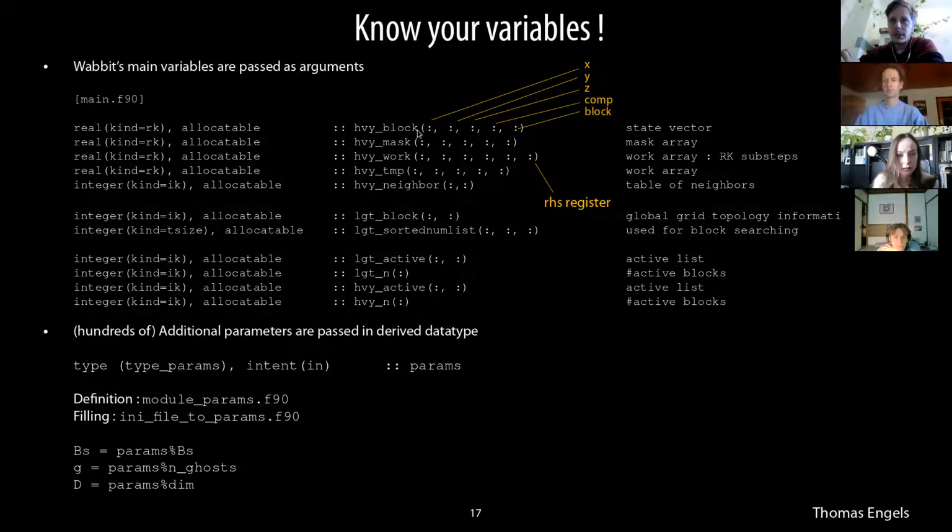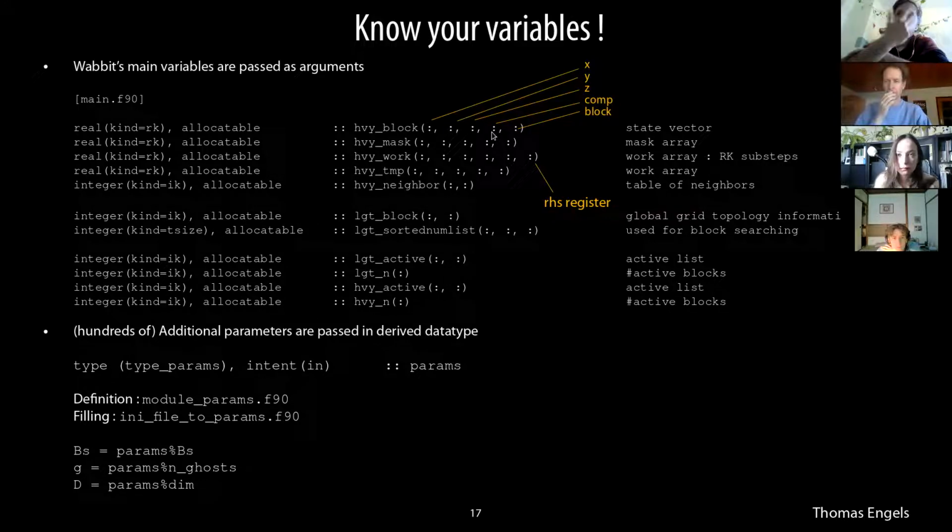So the first one is this heavy block. You can tell by the prefix heavy that it's parallelized. So this is a heavy data structure. This is the state vector, and you have a total of 5 indices. The first ones are simply the spatial coordinates, x, y, z. Then you have the components, the vector components of the state vector, which, for example, in the case of the artificial compressibility, would be ux, uy, uz, and p.